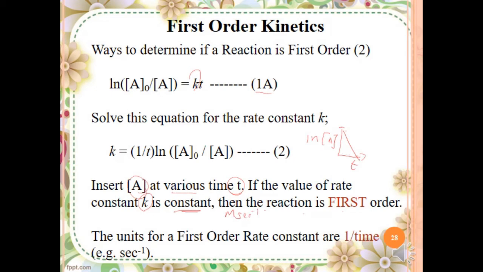But for first order, the rate constant has only the unit of per time, let's say per second or per minute or per hour. So that is the rate constant value for first order.